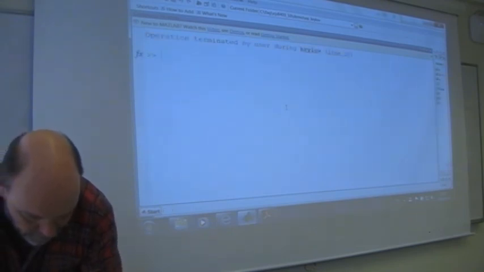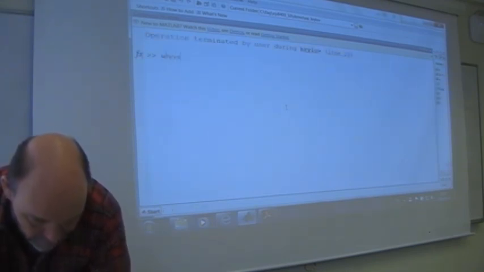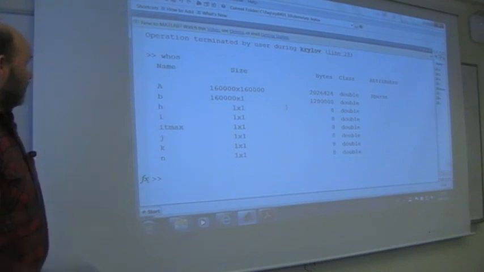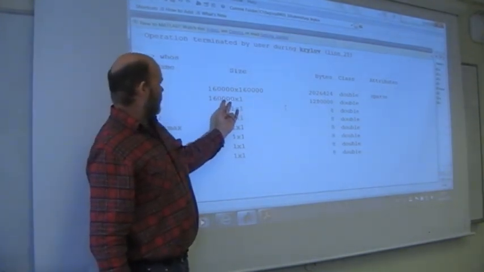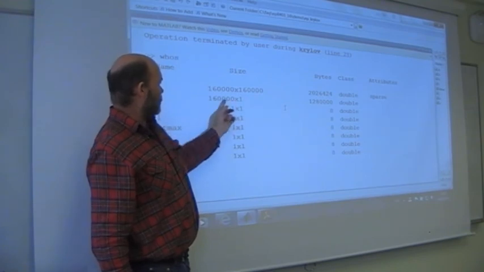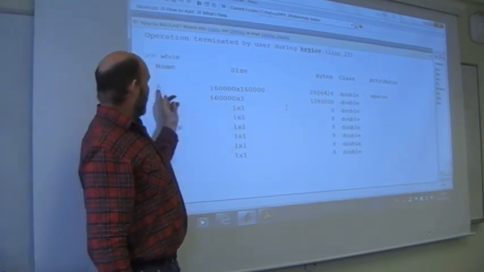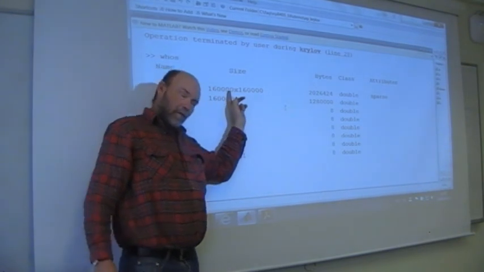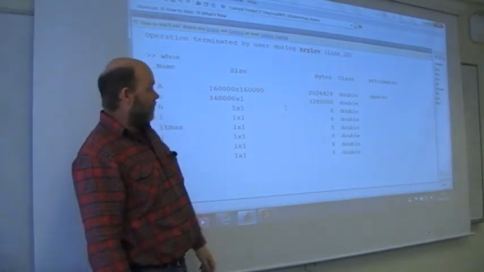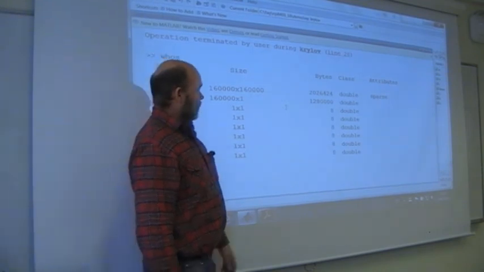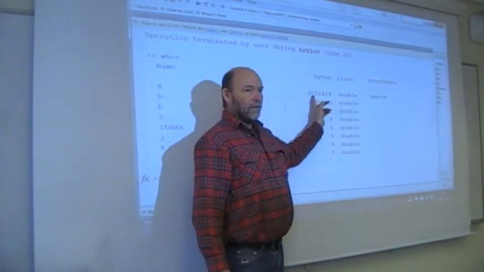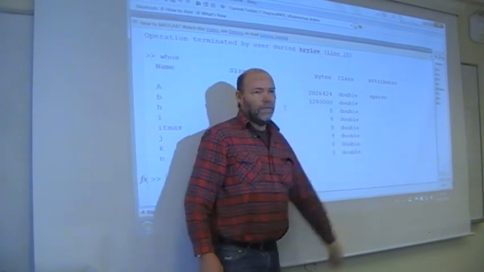I can clear it and write whos. And now you can see, you can handle 160,000 unknowns, and A is now a 160,000 by 160,000 coefficient matrix. That hardly needs any space at all with this attribute.